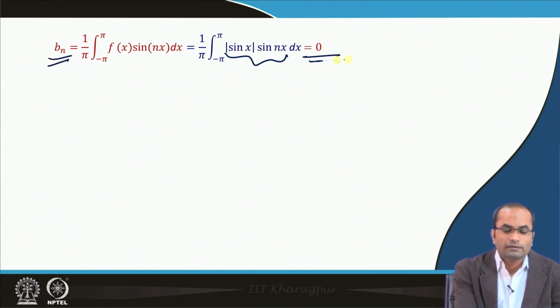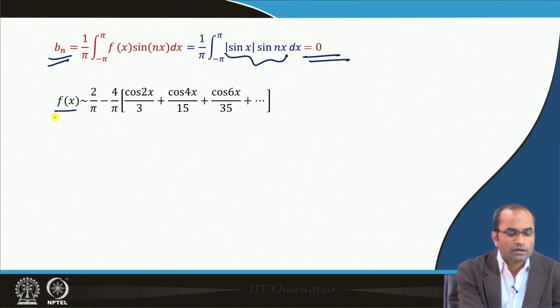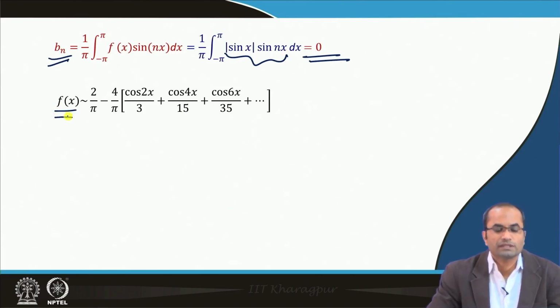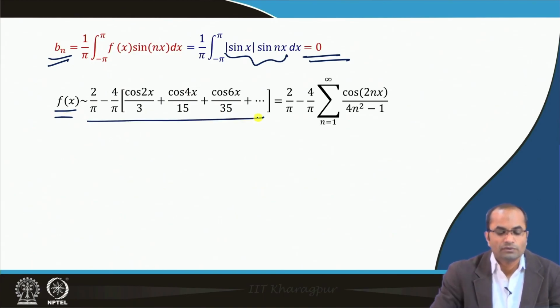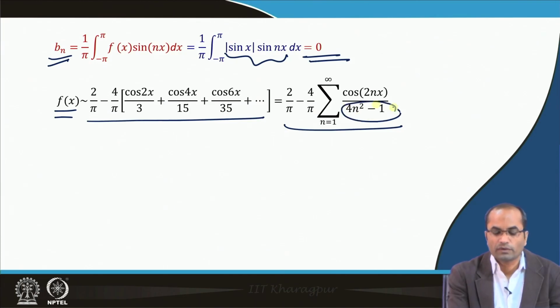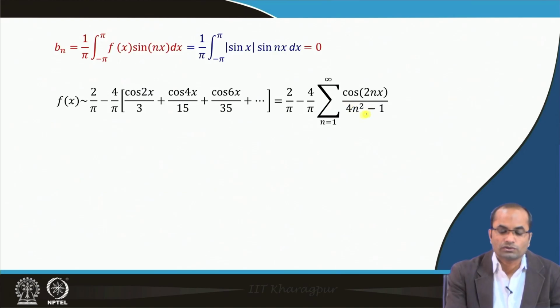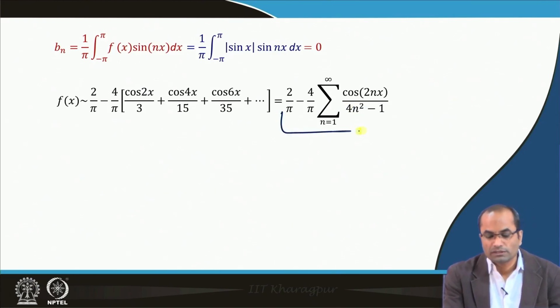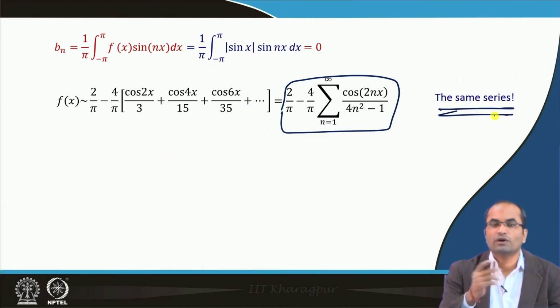So, the b_n coefficients are 0, and therefore our f(x), after substituting these a_n's and b_n's, can be obtained in this form, which can be again written in a more compact form, having this 4n² − 1 and this cos 2nx term. So, this was exactly the series which we got, assuming it as π periodic.